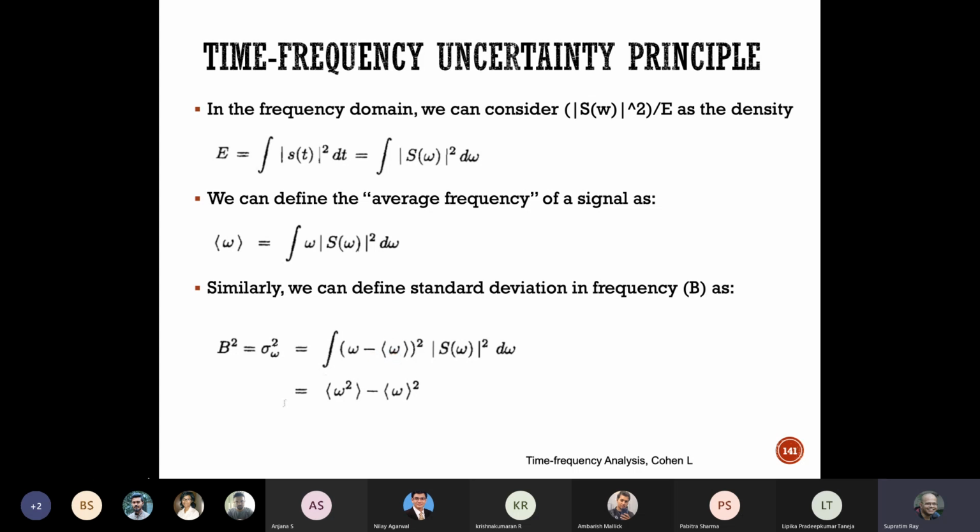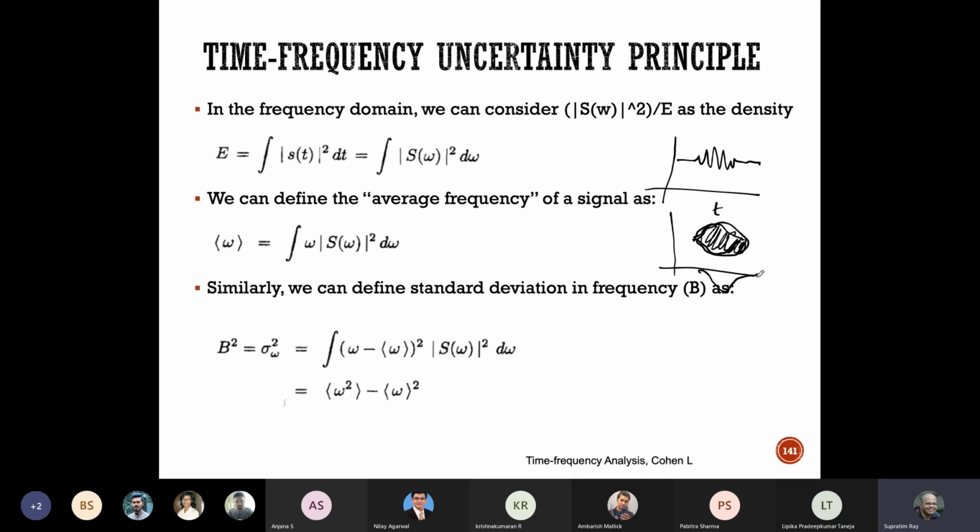So suppose I have a Gaussian function, just to give an example. If I have a function in the time domain which is a Gaussian function, in the time frequency domain this is going to be a 2D Gaussian in energy.